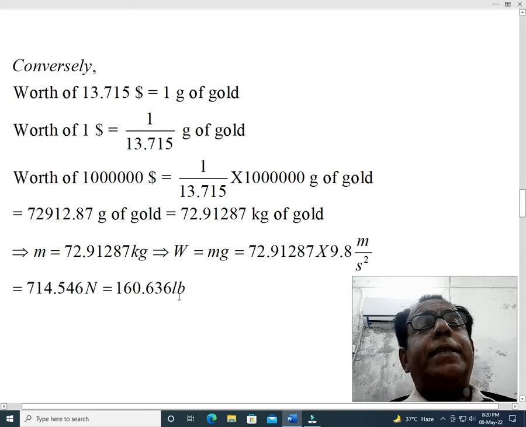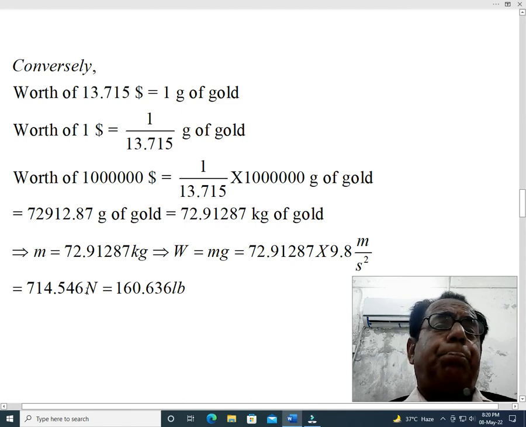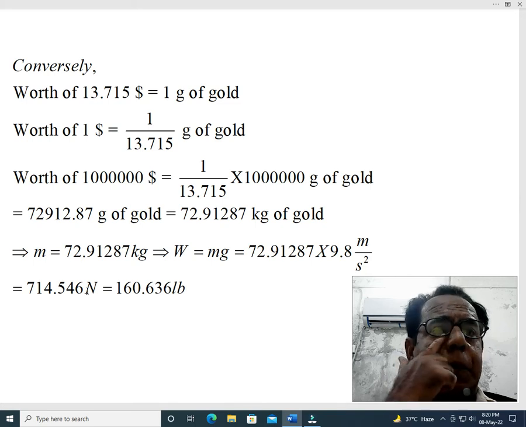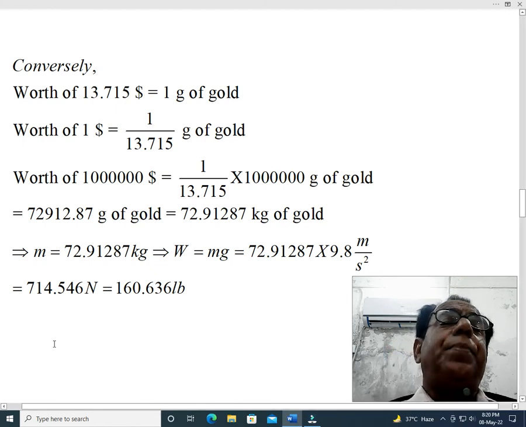Dear students, to the extent of Newton, we have not made any conversion.